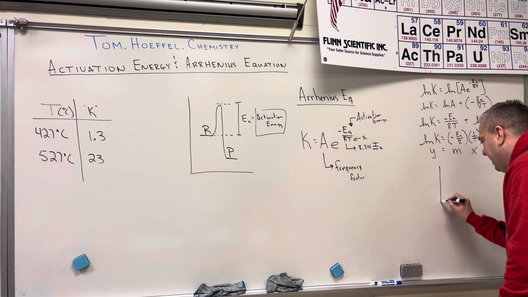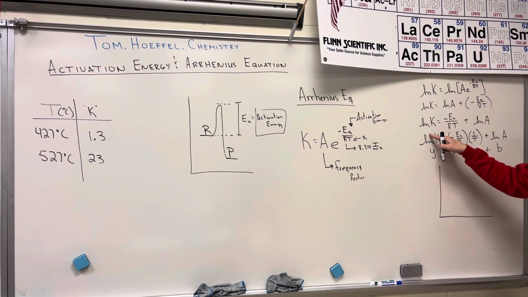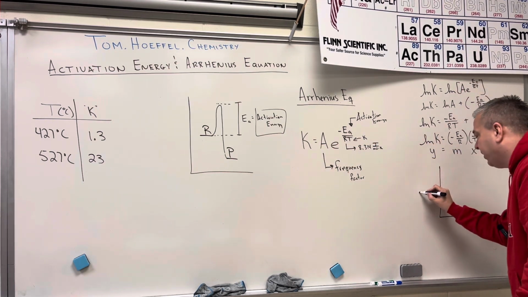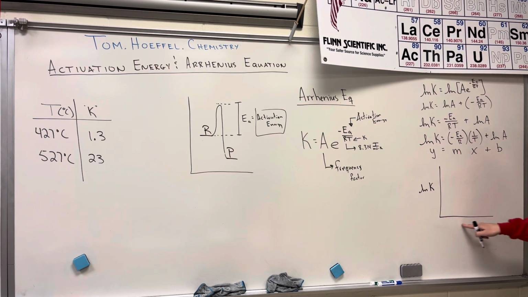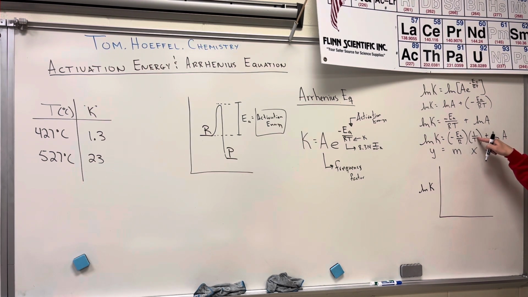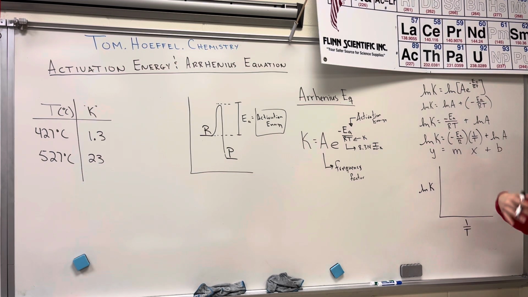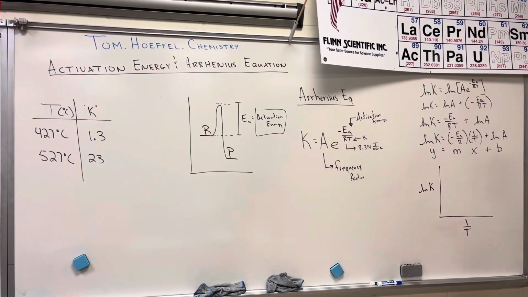So when we're making a graph, what goes on the y-axis is not just the rate constant, it's actually the natural log of the rate constant. And what goes on my x-axis is inverse temperature. Now remember that inverse temperature has to be in the unit of Kelvin. It won't work with degrees Celsius.